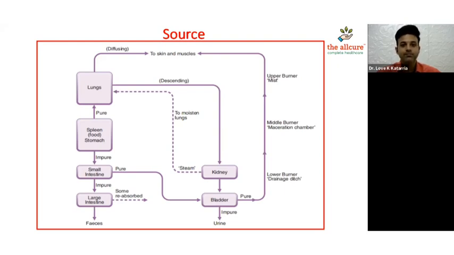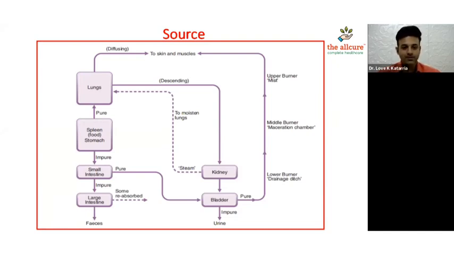Tears are produced by the liver, as part of the wood element, but the diffusing is done by the lungs. This is how the diffusing action is done, and this is the reason why the upper burner, the upper warmer, is known as mist, due to this diffusing function of the lungs.